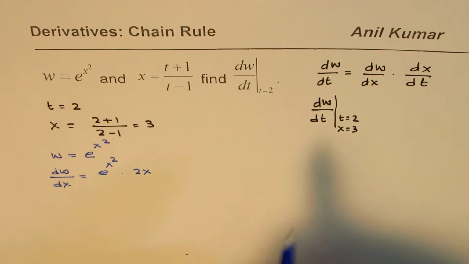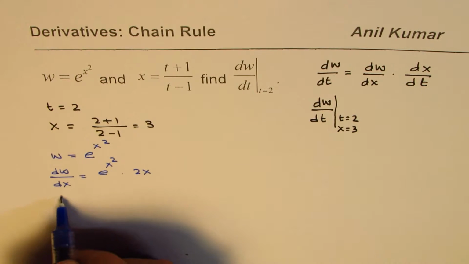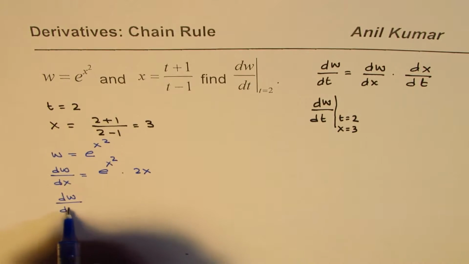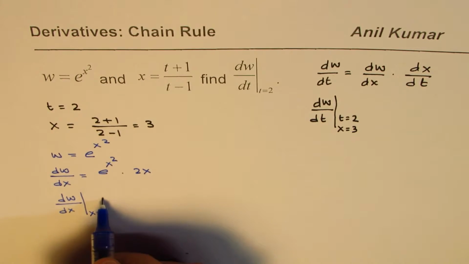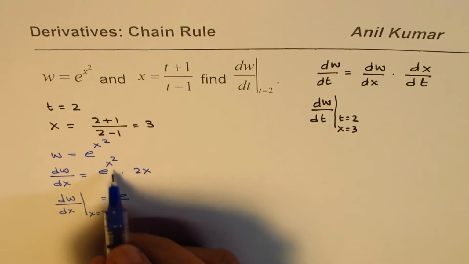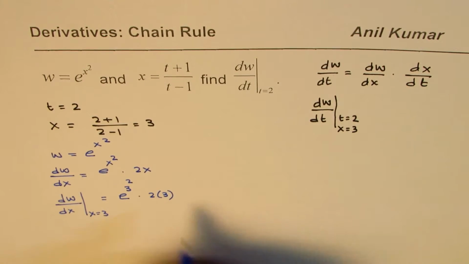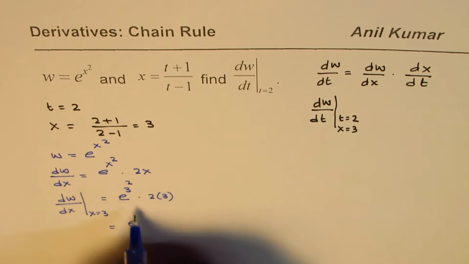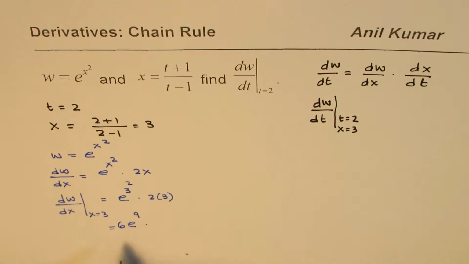Since we want dw/dt for x equals 3, it is useful to write this as dw/dx at x equals 3. So we write x as 3 here. We get e to the power of 3 squared times 2 times 3, which is e to the power of 9 times 6. It's better to write 6 first, so we get 6e to the power of 9. So we got one part.